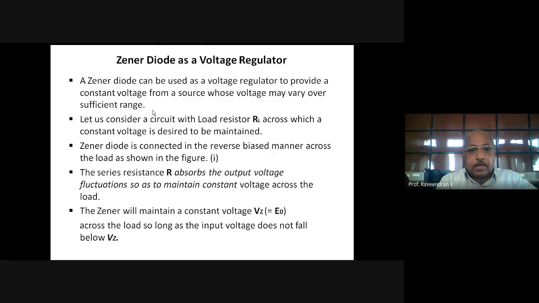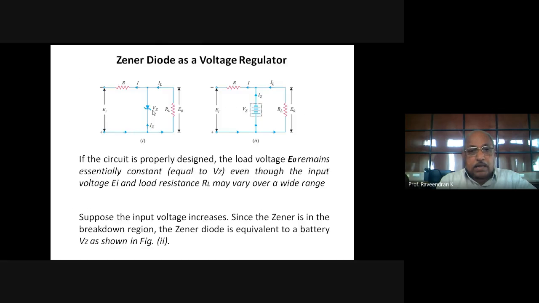This is the load resistor RL, across which the Zener diode is connected. The load resistor RL has an output voltage of E0 with an input voltage of EI, and this voltage may be from an unregulated DC power supply.